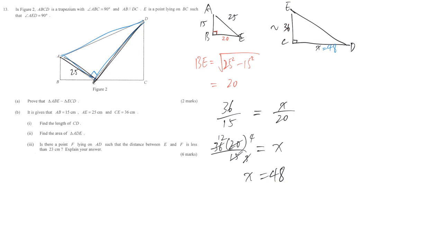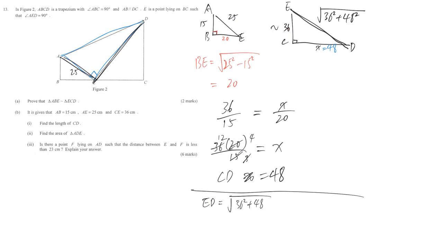So it's quite obvious ED here is equal to the square root of 36 squared plus 48 squared. So we write down this is CD. So after that we write down ED is equal to the square root of 36 squared plus 48 squared. We got 60.